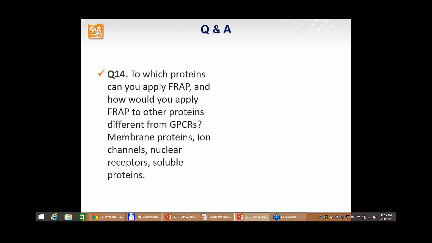Question number 14. To which protein can you apply FRAP, and how would you apply FRAP to other proteins different from GPCRs? Membrane proteins, ion channels, nucleoreceptors, soluble proteins, etc. As I said, these FRAP assays should be applicable to any membrane protein different from GPCRs as soon as the molecular weight is below 100 or 150 kilodalton. For larger than 150 kilodalton, so far this method is not really applicable, and you need to use a sponge phase in order to crystallize such proteins in this lipidic mesophase.